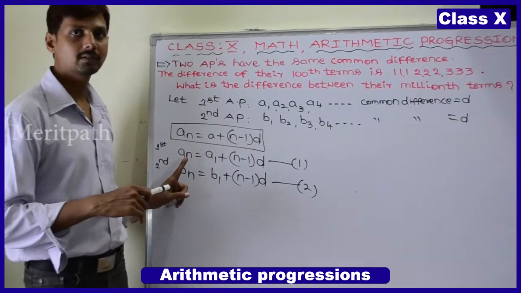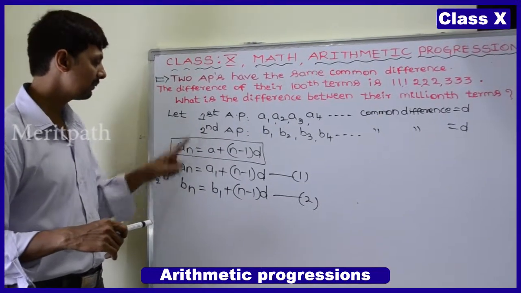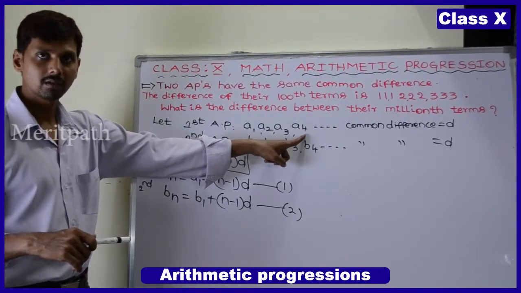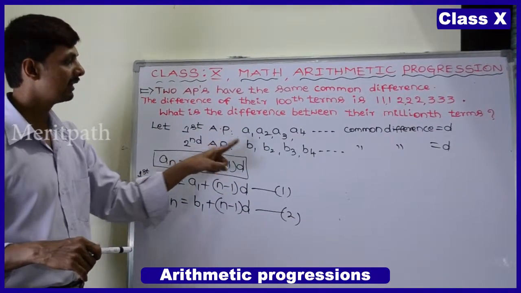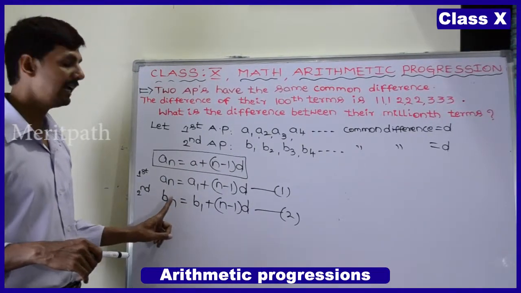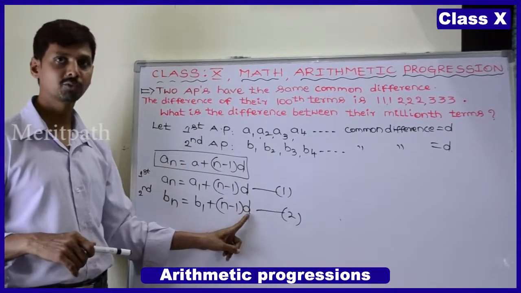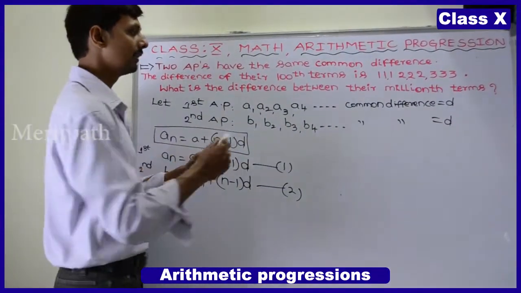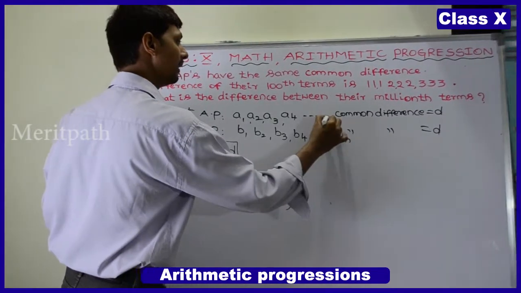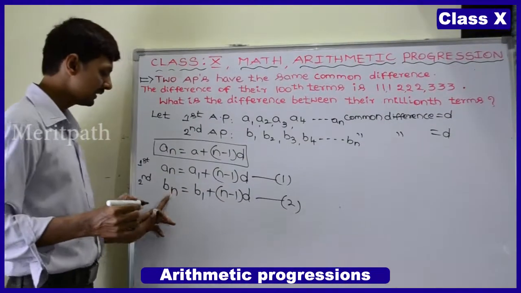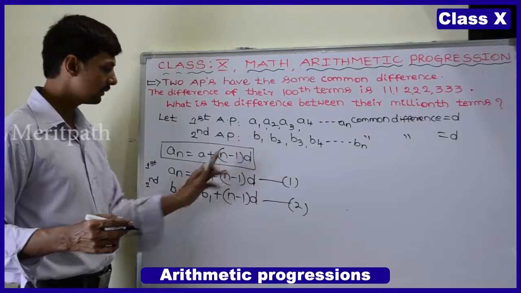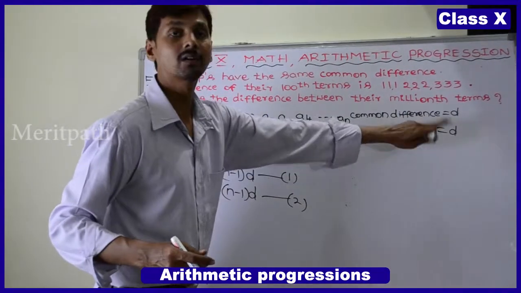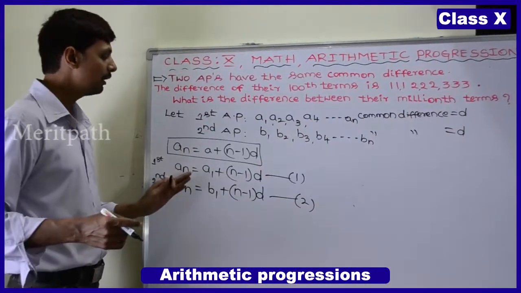D is the same. The nth term of the first arithmetic progression is An equals A1 plus (n minus 1) into D. For the second arithmetic progression, Bn equals B1 plus (n minus 1) into D, because we need to find the nth term and the common difference is the same for both arithmetic progressions.